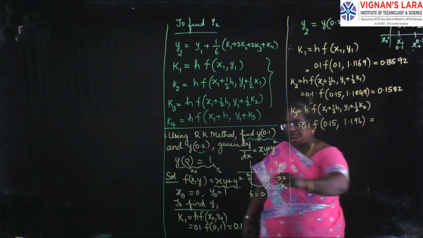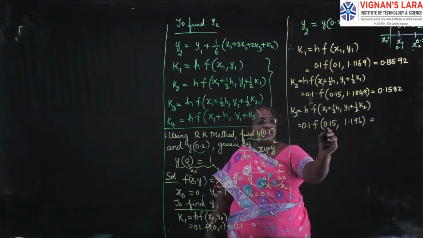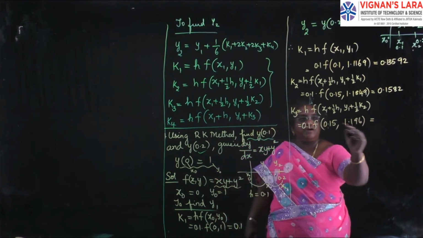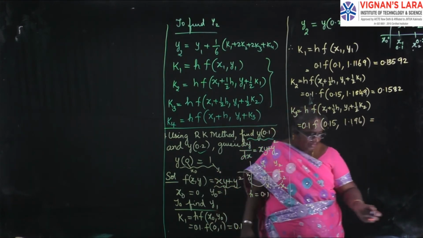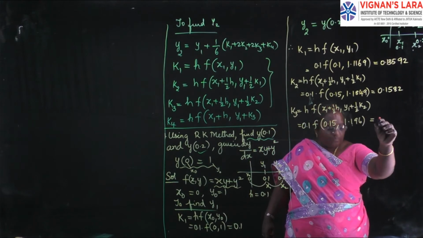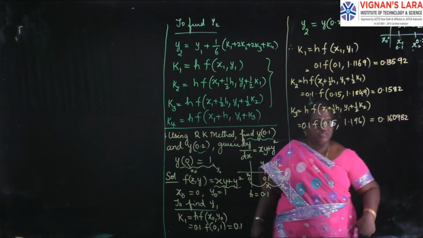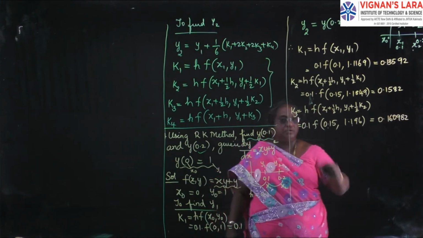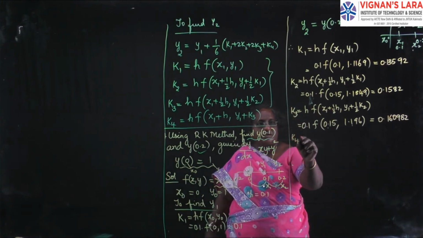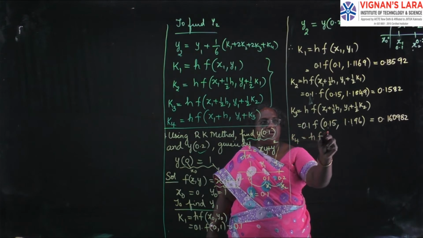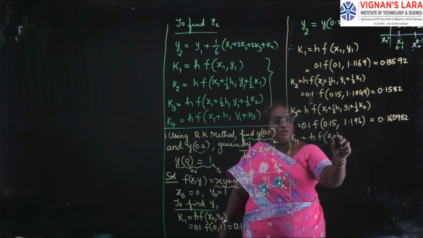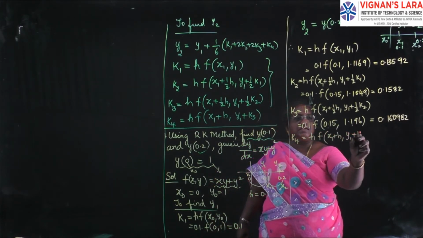So if you substitute in the function again, instead of x 0.15 and instead of y 1.196, you will get 0.160982.